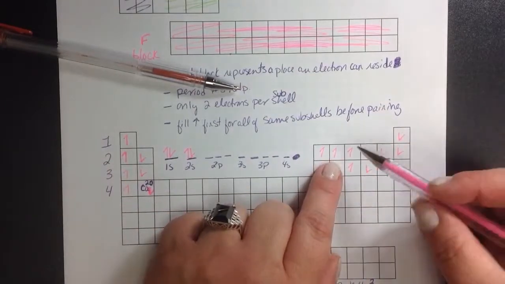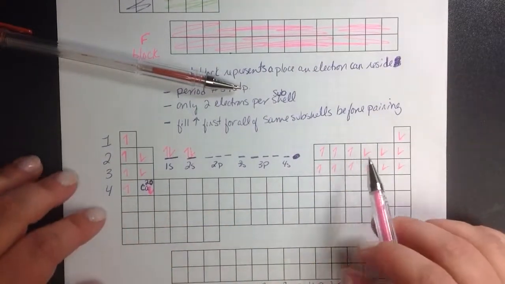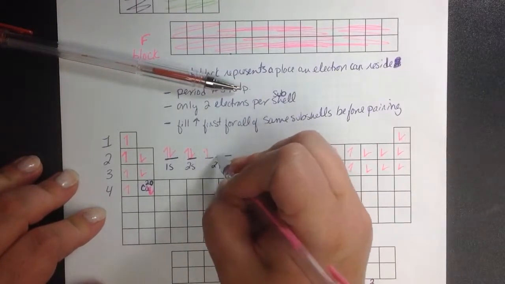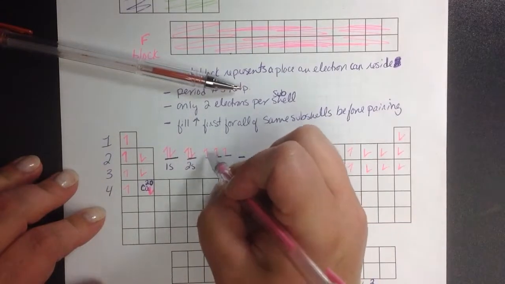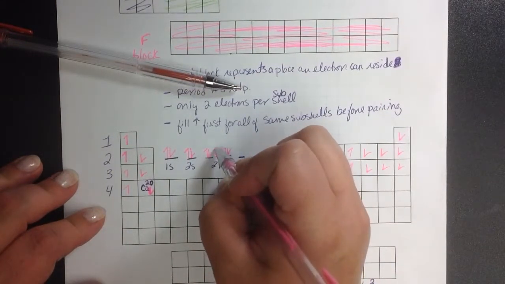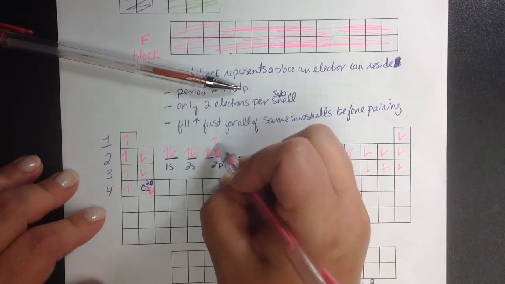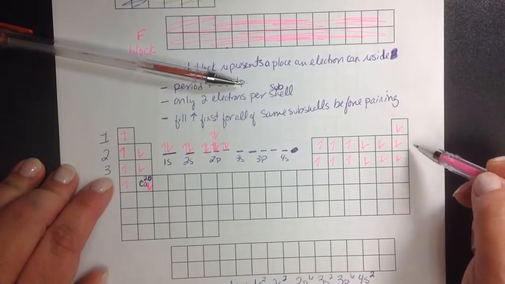Now I move over here and I've got 1, 2, 3, 4, 5, 6. That's what I mean by you fill up first. 1, 2, 3, and then down. 4, 5, 6. I hope you can see that. Sorry, that's an up, down right there. Okay, then we're done with that row.